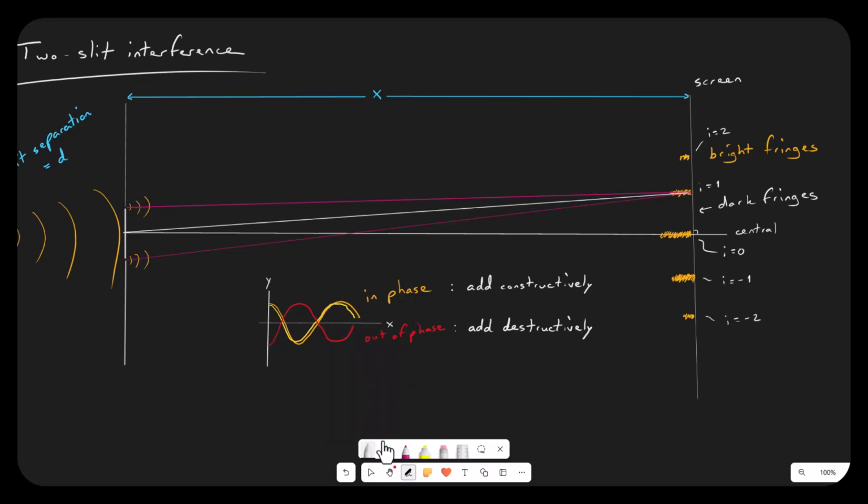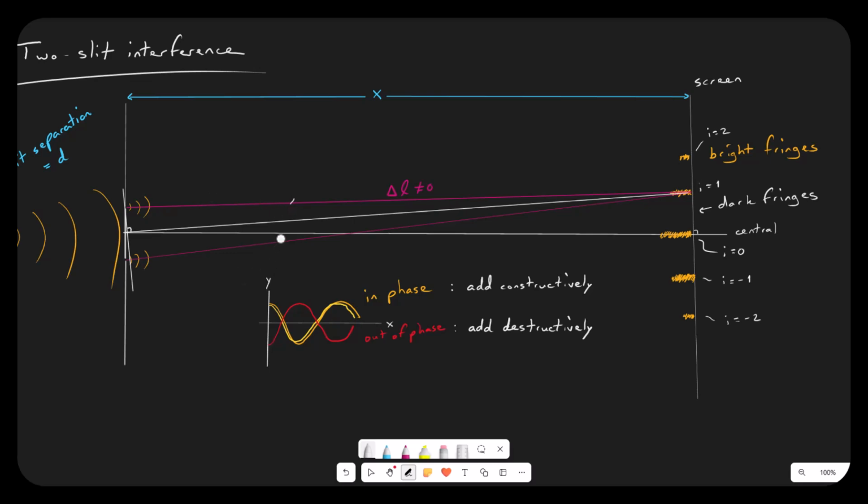So I've got these two lines going on, and now I get a path length difference that's not equal to 0. This top wave doesn't have to travel as far as the bottom wave. In fact, I can figure out just how much of a difference there is by taking this thing and cutting it. I'm going to cut it with a line that's perpendicular to the diagonal central white line, and that's going to make this into an isosceles triangle.